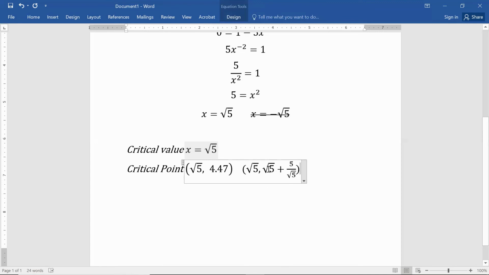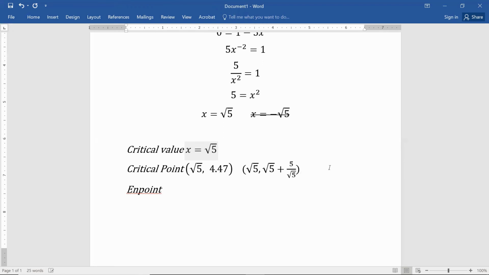I don't like this exact value so much because it's going to be hard to compare with minimums and maximums. It's a little bit easier to compare this rounded number when we're looking for minimums and maximums. Now, that's just the critical point. We have 2 endpoints that we have to deal with as well.